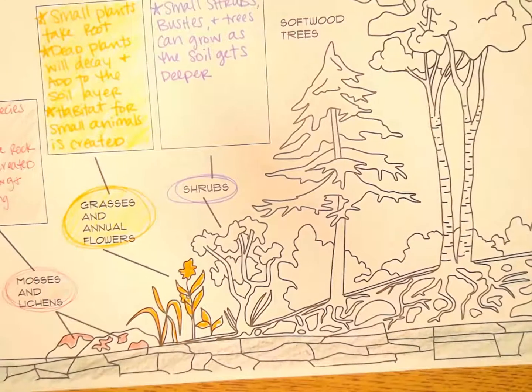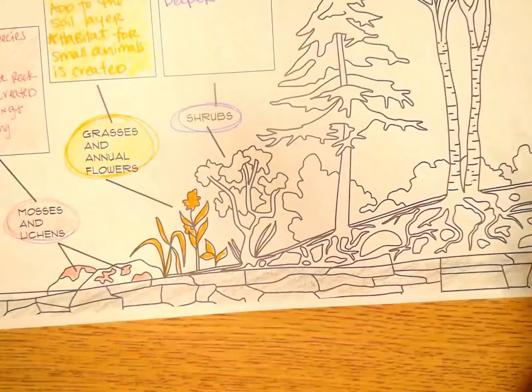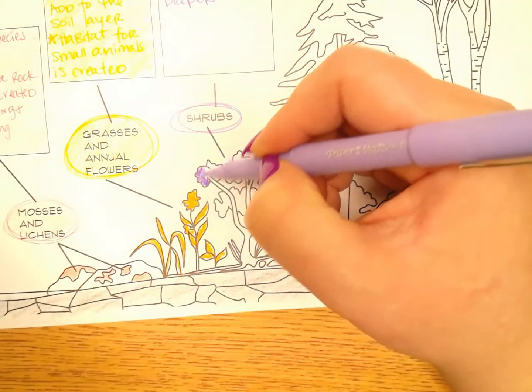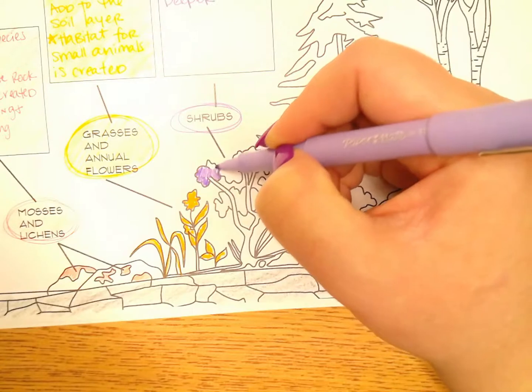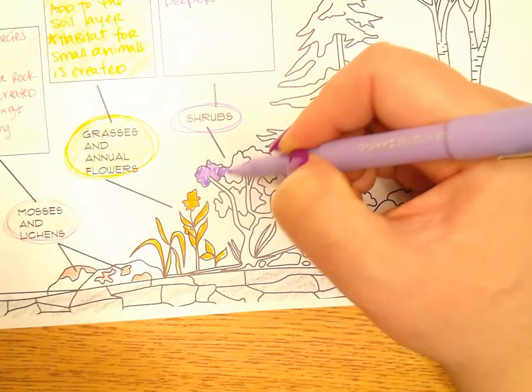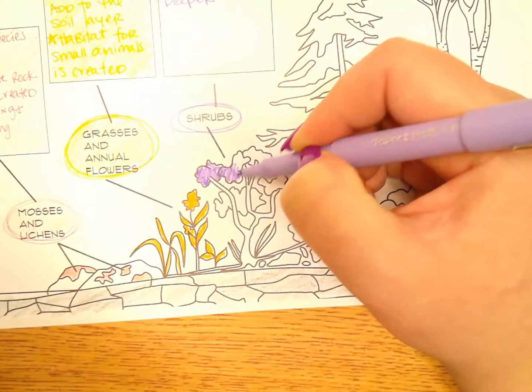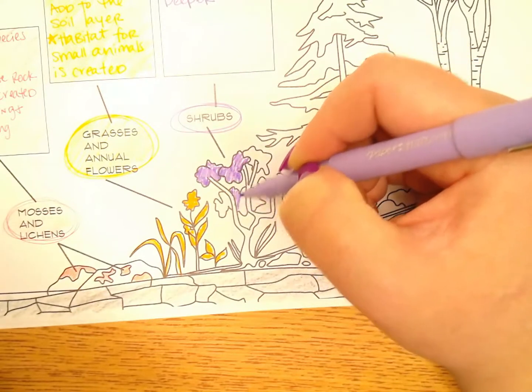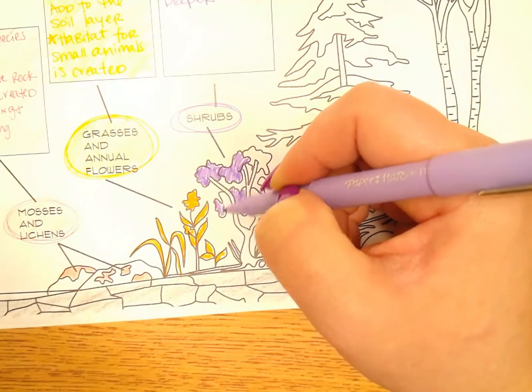So I'm going to come down here. I'm going to color my little shrub in purple to help me remember that these move in and start to produce larger plants than just grasses and wildflowers.